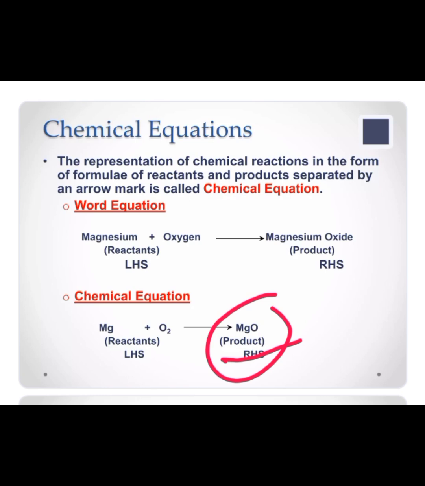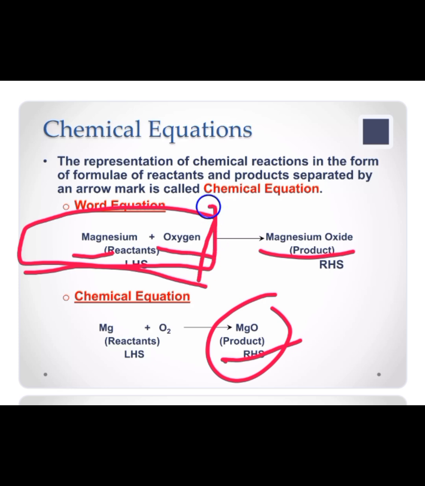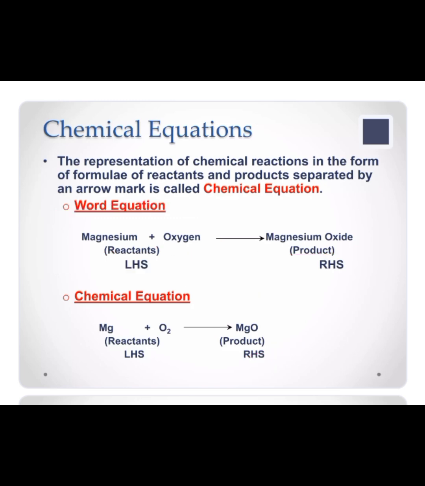These substances, such as magnesium and oxygen, on the left hand side of the arrow, are considered reactants, or more appropriately, substrate and reagent.